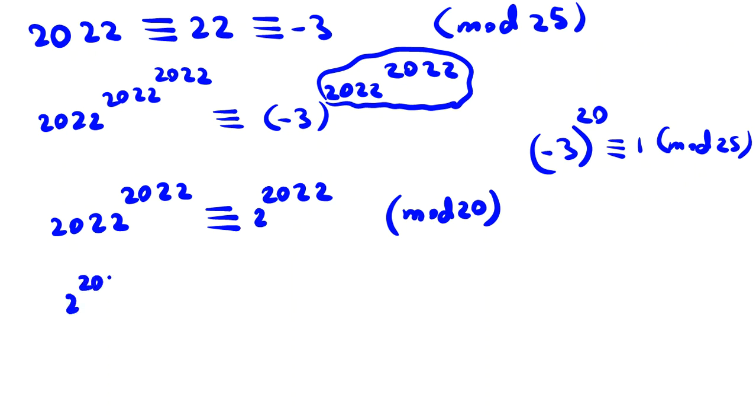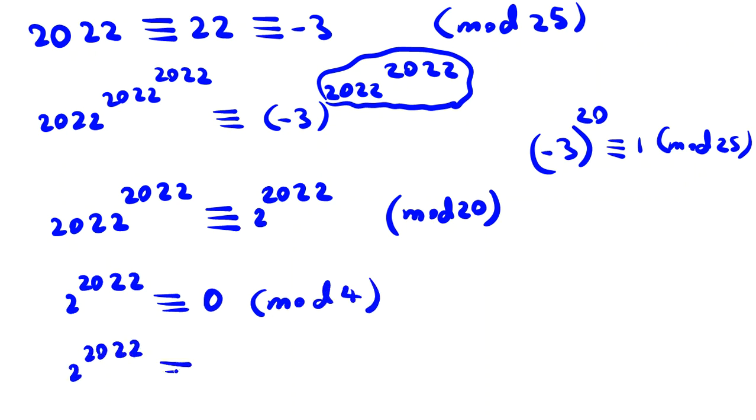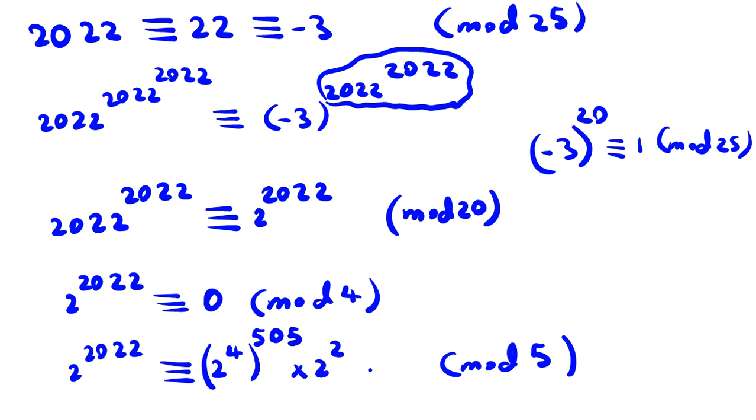We know this number mod 4 is 0, so we need to only find mod 5: 2 to the power of 2022 mod 5. We know 2 to the power of 4 is 16, which is 1 mod 5. So you can say 2 to the power of 4 times something, where the exponent has a multiple of 4 and 2 squared is left over. So 2 to the 4 is 1, and it will be 4.